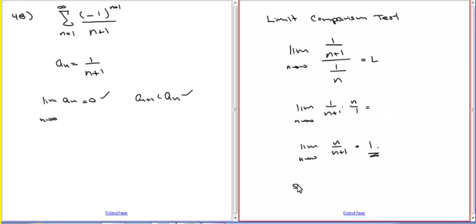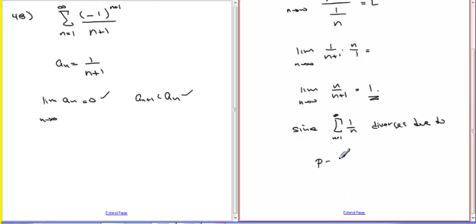And since the series 1 over n diverges due to the p-series, which says that for n to the p, the value of p in this particular case is not between 0 and 1, it is actually equal to 1.